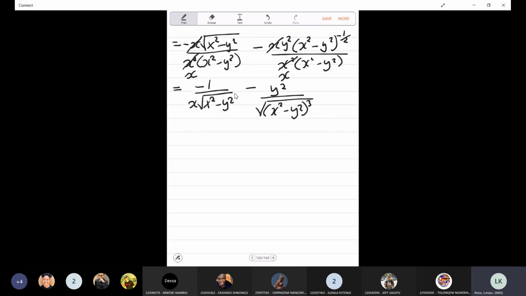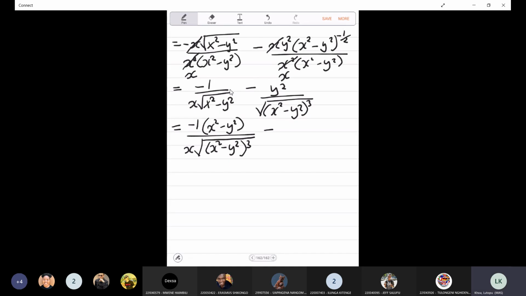So I need to multiply by x squared minus y squared. So this is minus 1 times x squared minus y squared. This is x square root of x squared minus y squared to the power of 3.